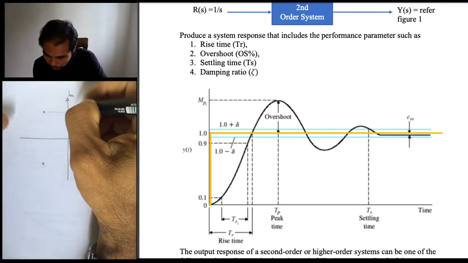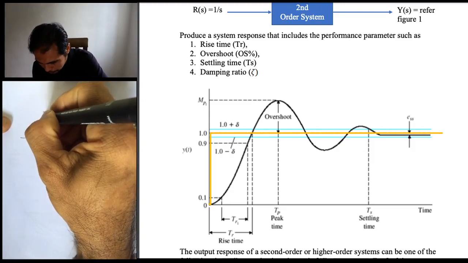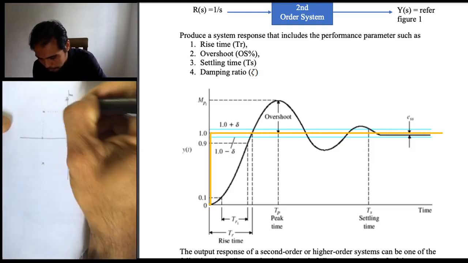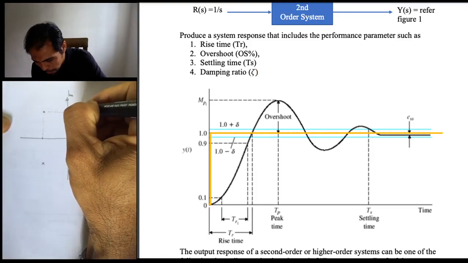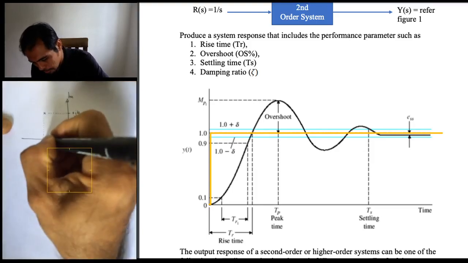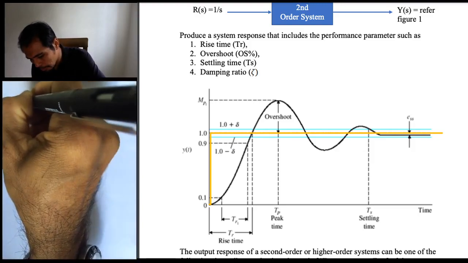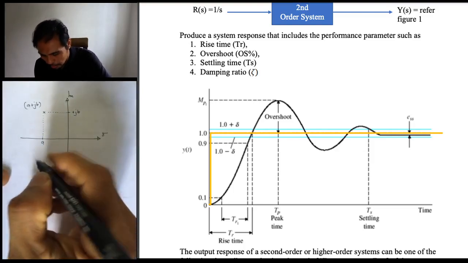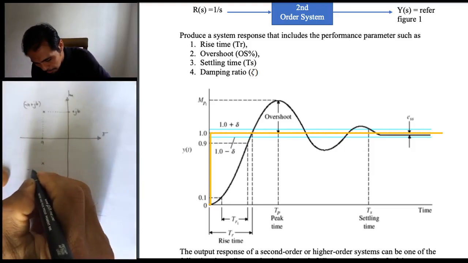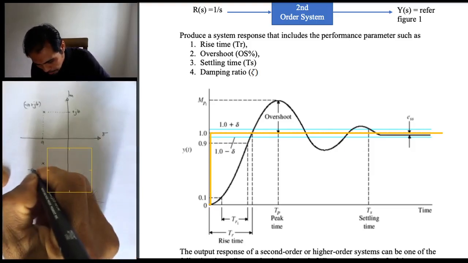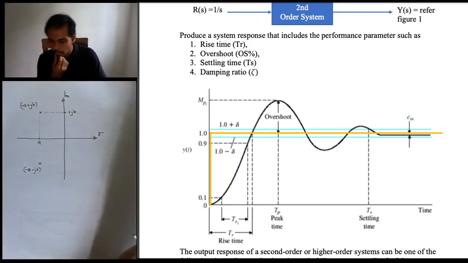This is our plus jb, and this is our a. This one is a plus jb. That's the position, right? The same thing we have here. This is minus a, minus jb.